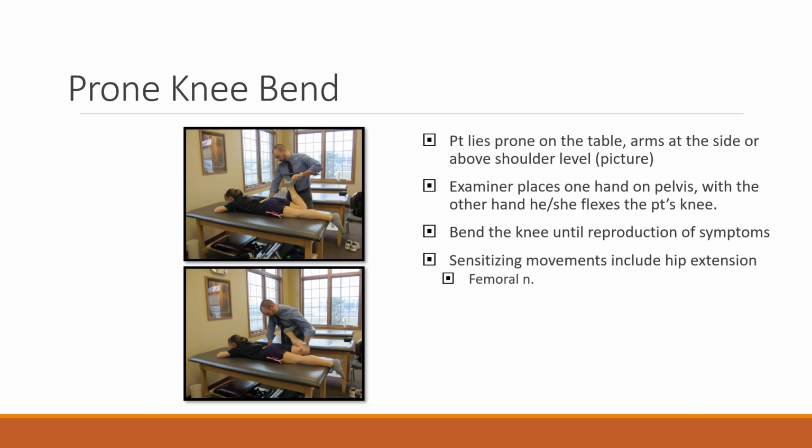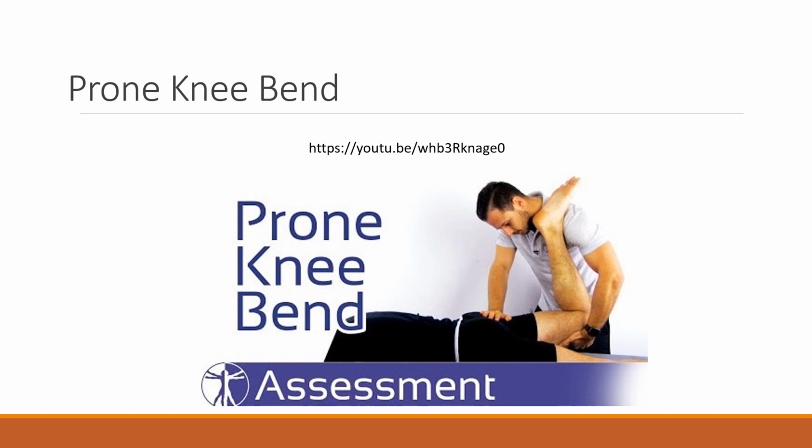Is their primary symptom being reproduced with this particular test? And then finally, if we see a sensitizing maneuver increasing symptoms, that's one other component that we're going to add into our intervention, because eventually if there is adverse neural tension, we're going to want to address that at some point, and we'll talk more about that. Take a moment and review this video on the prone knee bend.